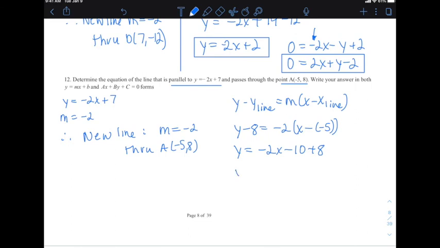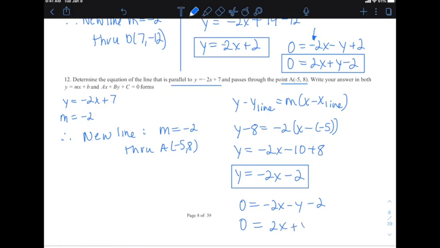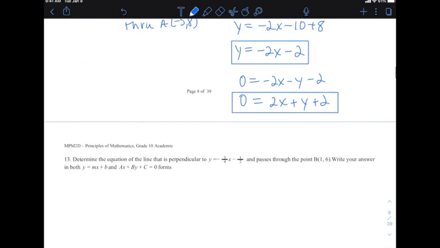So our final answer would be y equals -2x minus 2. And of course, in standard form, I'm going to write it like this. No fractions, no negative value multiplying the x.